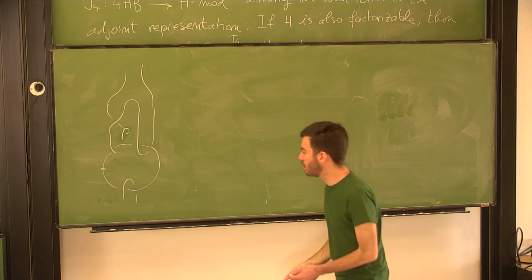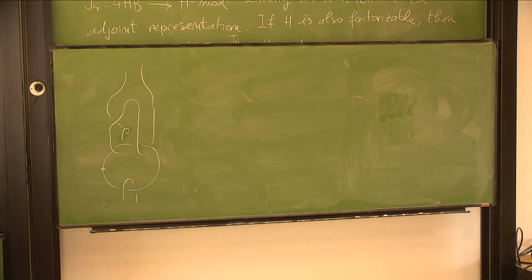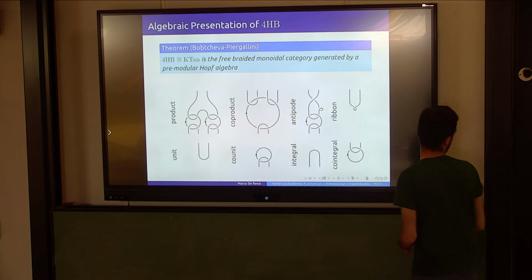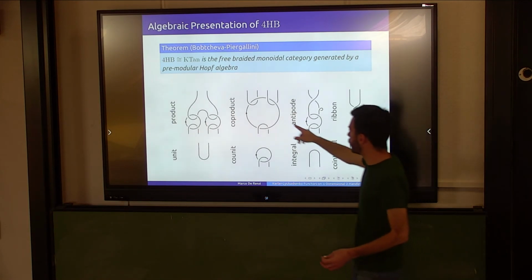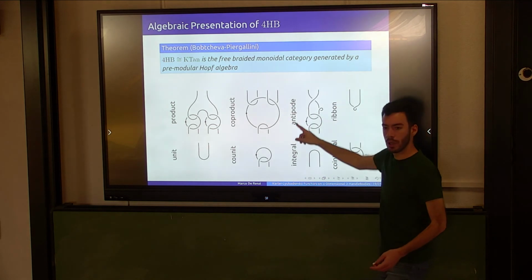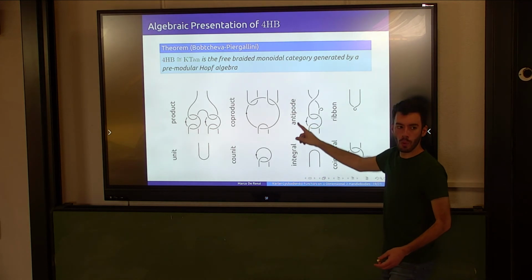I claim that this is what you get when you start with the coproduct. Then on the left leg you do the antipode, and if you really glued this guy to this guy, you would get an additional one handle.